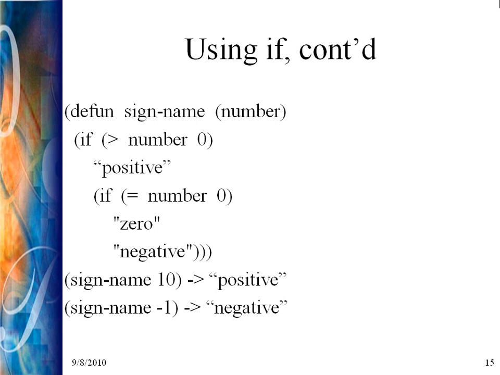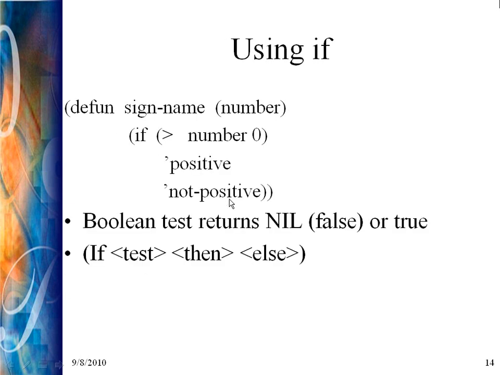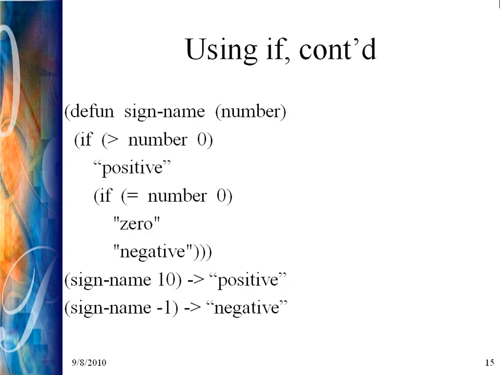And here are just some more examples. Here we have an if statement nested within an if statement. So here we're actually going to do positive, negative, or 0, similar to the one that we just did, which is just positive or not positive. So we have an if statement. If number is greater than 0, return the string positive.